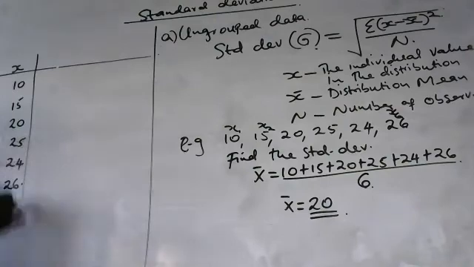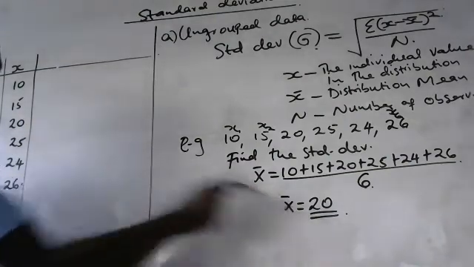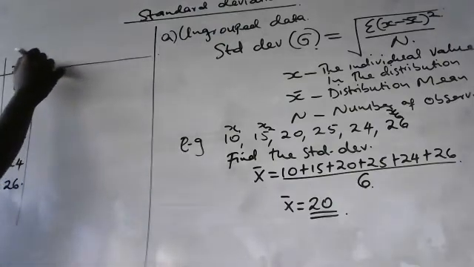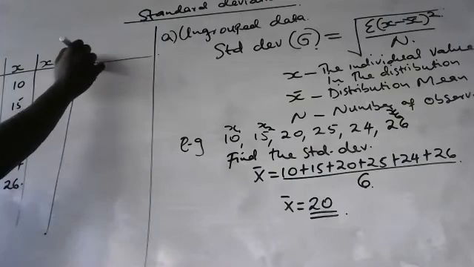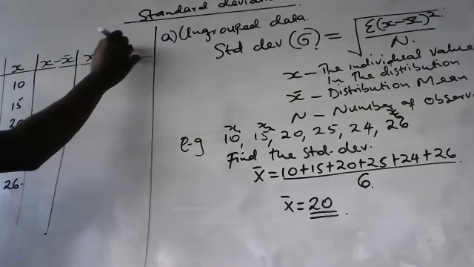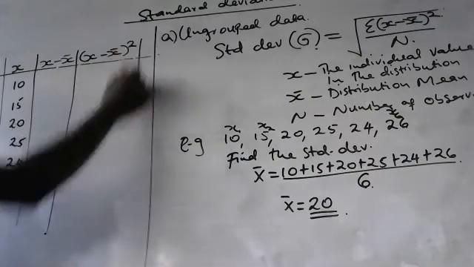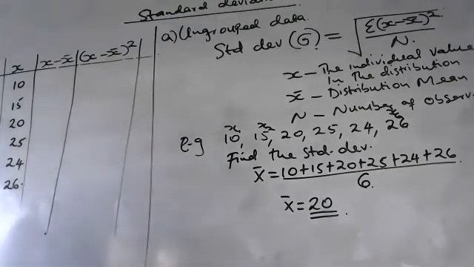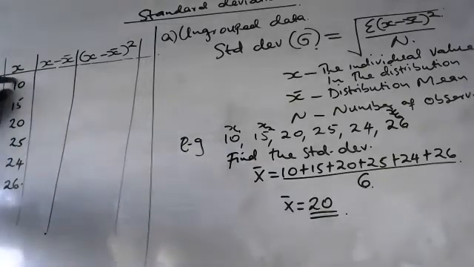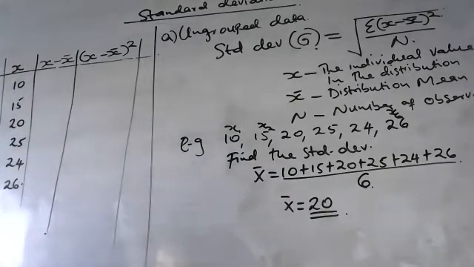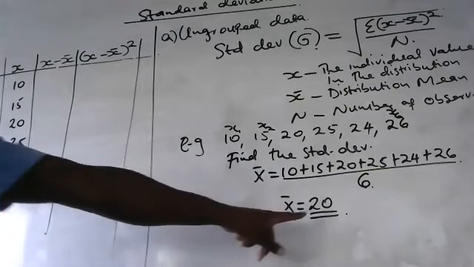Then after having the values of x, and we know we have x bar here, the next part is to get x minus x bar, and then we shall have x minus x bar squared. And that is going to be the end of that story. So if we know x bar is this and these are the values of x, for each and every individual value of x, we subtract 20.